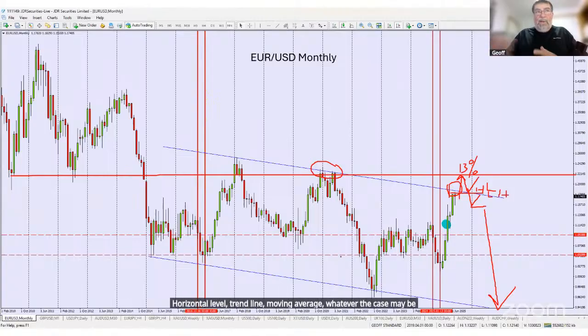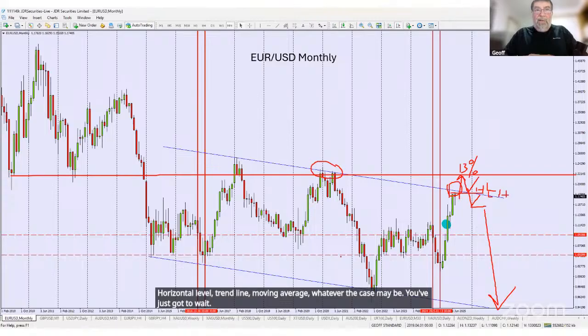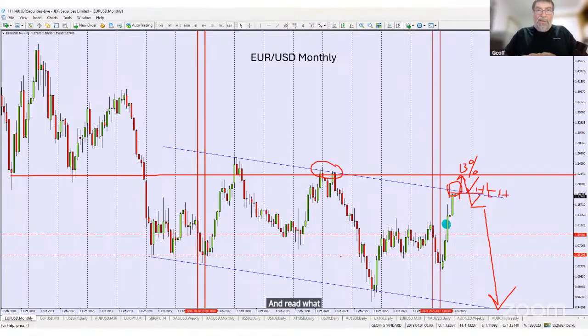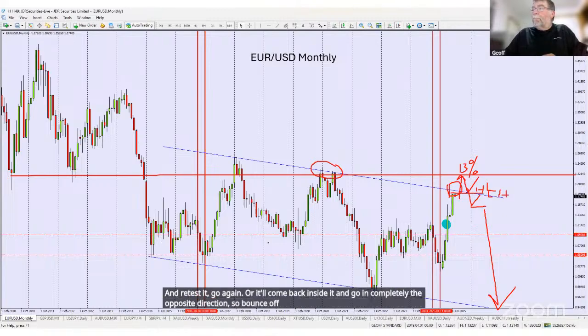You've just got to wait and read what price has done once it's hit that level. It will do something, I promise you that. It'll break it and retest it, go again, or it'll come back inside it and go in completely the opposite direction. So bounce off the boundary, if you like.